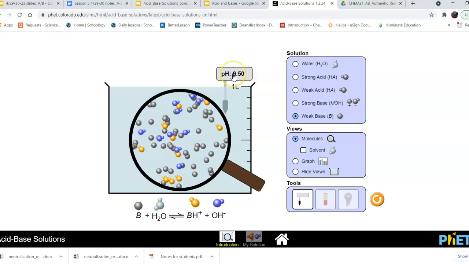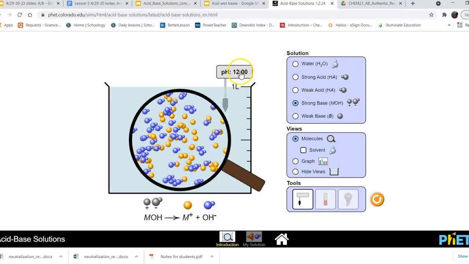Notice that the pH of water was 7, and with this weak base, it went all the way up to 9.5. Let's switch from a weak base to a strong base, and you see the pH jump significantly. Let's see why that's the case. This is your strong base, and it is dissociating in water.